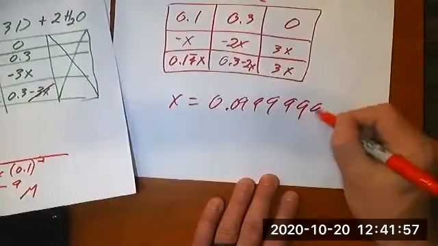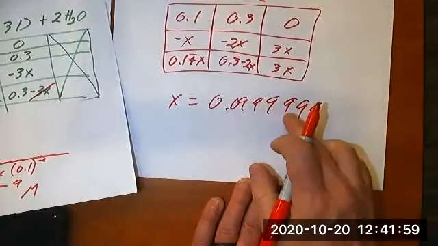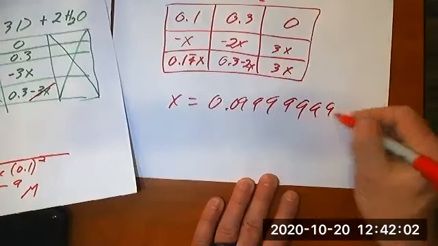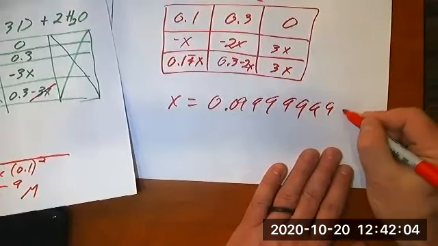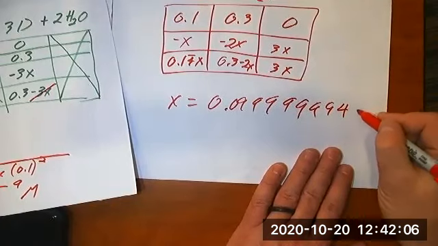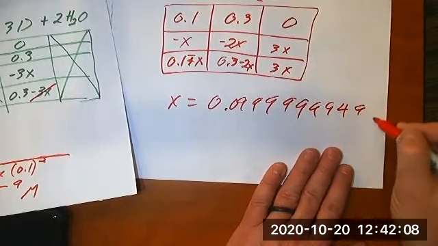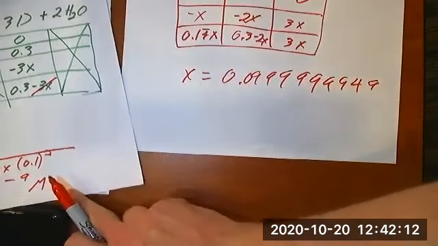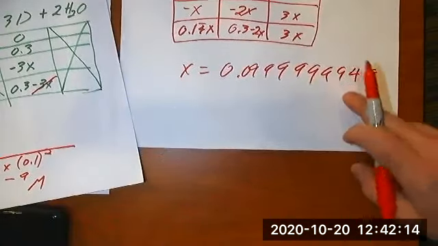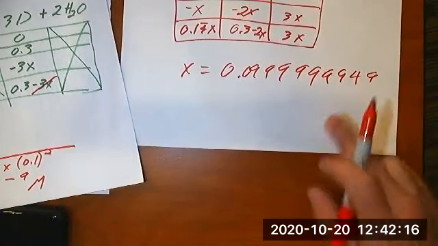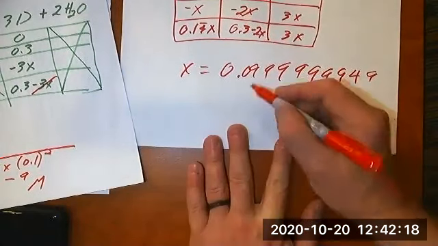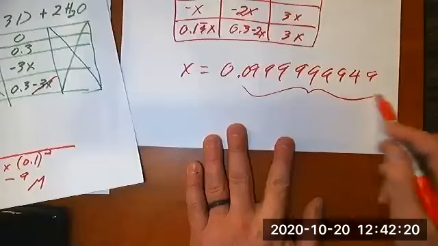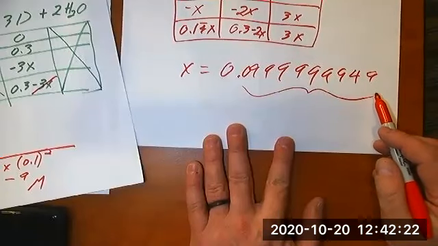0.99999 and a long string of digits, something down in that neighborhood. Okay, just based on what I saw the x was in this case, it's going to be something like this. And the question at this point is, do we really trust this many significant digits on this number?